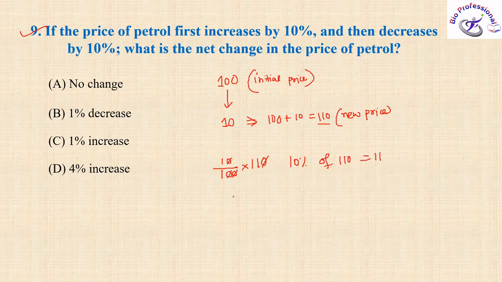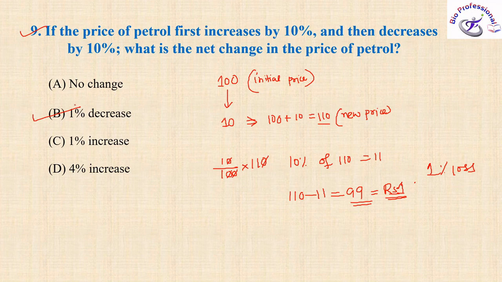If you subtract 11 from 110, it is 99. The initial price was 100, now it is 99. So it is a loss of rupees 1, and rupees 1 means 1% loss, right? So the answer is option B, that is 1% decrease.